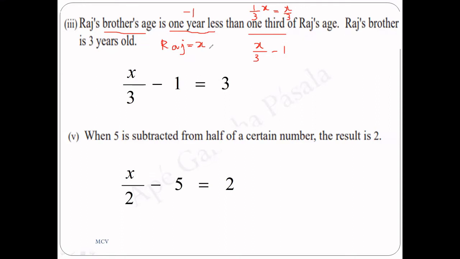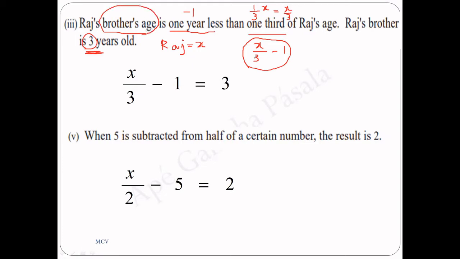Brother's age is that. Brother's age is also given as 3 years. So you can combine this 3 and this value, because both represent the brother's age.